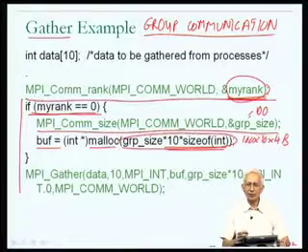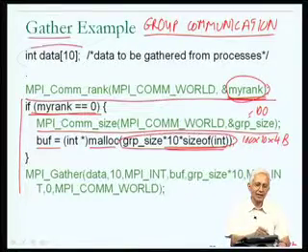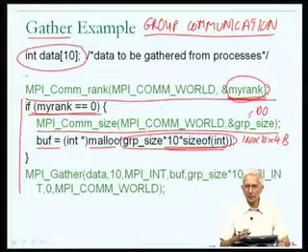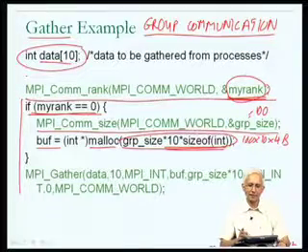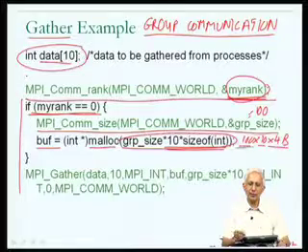You'll note that each of the processes in the communication is going to send 10 integers corresponding to the 10 elements of its variable data. Data is declared in each of the processes as an array of size 10. So 10 integers multiplied by the 100 processes who are going to be involved in the gather.